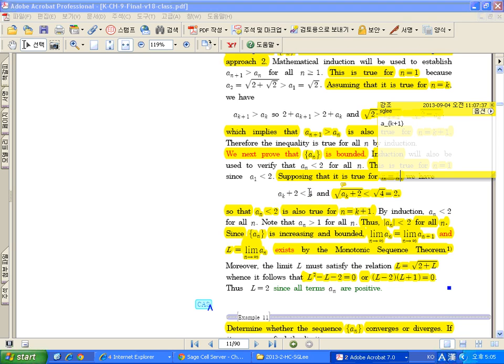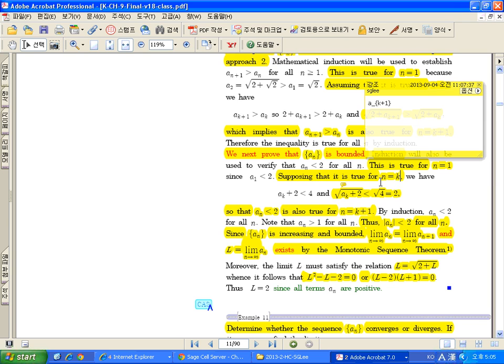From the induction hypothesis, we have assumed a(k) is less than 2, so a(k) plus 2 is less than 4, which means a(k+1), which is the square root of a(k) plus 2, is less than the square root of 4, which is 2.